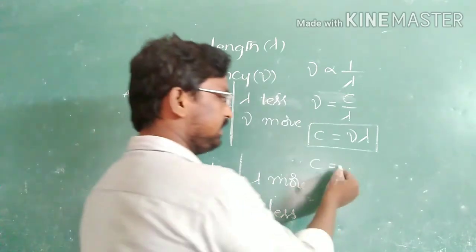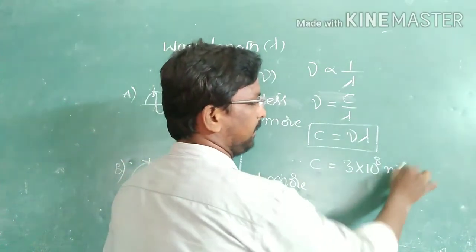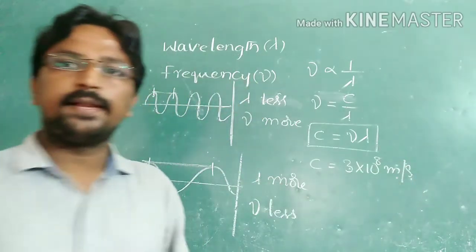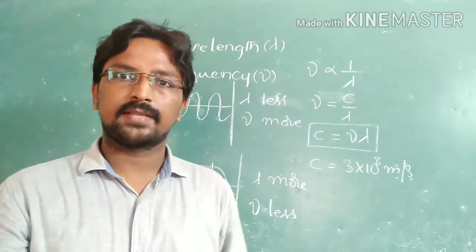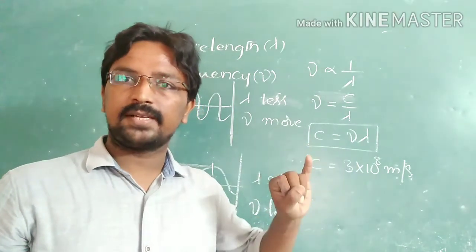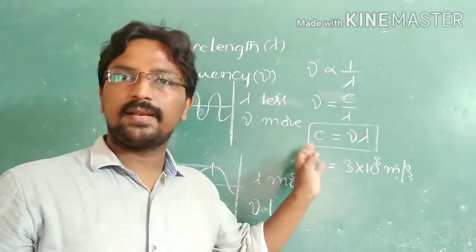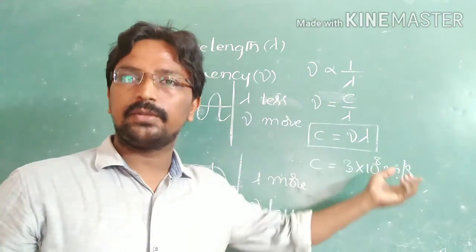Its value is c equal to 3 into 10 power 8 meters per second. This is the relationship between the speed of light, frequency and wavelength. The main relationship here is c is equal to nu lambda.